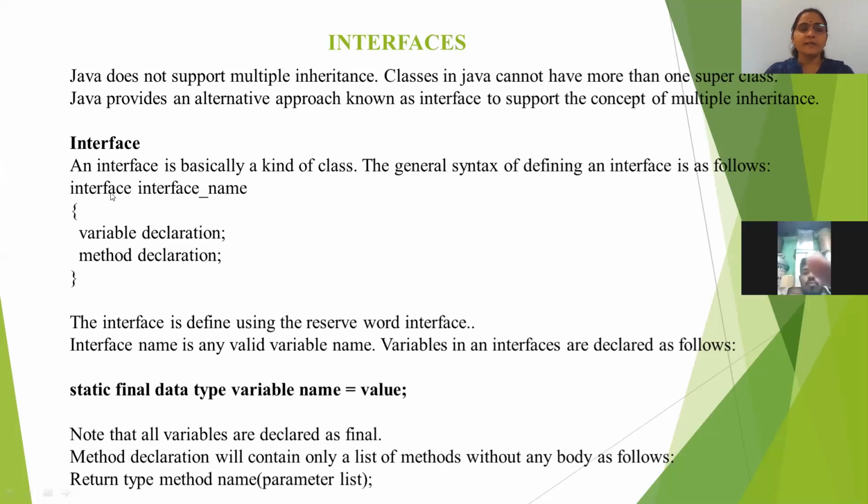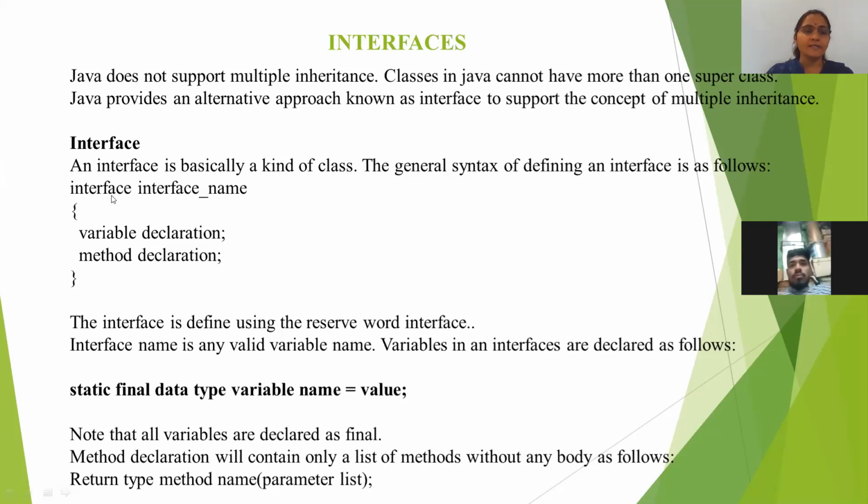So interface is the reserved word, the keyword, and it tells the compiler that you are going to define an interface. Interface name is just like any valid variable name. Very similar syntax to the class. If a class, then instead of interface you use class and class name.